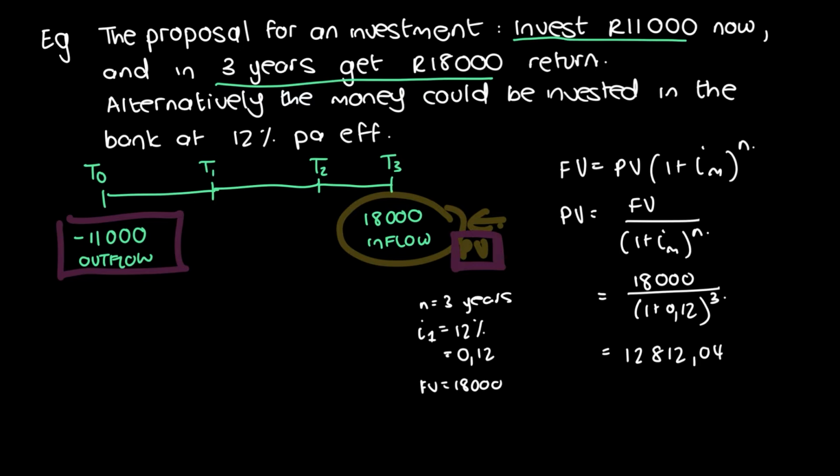Therefore you would go for the project. Let's refer to the investment as a project, and then the bank option. So when you make a comparison, you would put in 11,000 in your investment to get to the 18,000. To get 18,000 from the bank, you would have to put in 12,812 Rand.